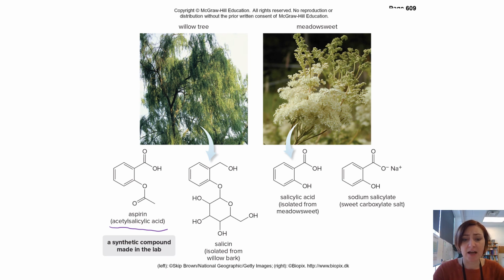Acetylsalicylic acid comes from salicin, which is isolated from willow bark. So this is a naturally occurring compound. So back in the day, if you had a headache or you had any other issues, you would have to take one form of this, either salicylic acid or you'd have to take sodium salicylate. Each of these had their own issues.